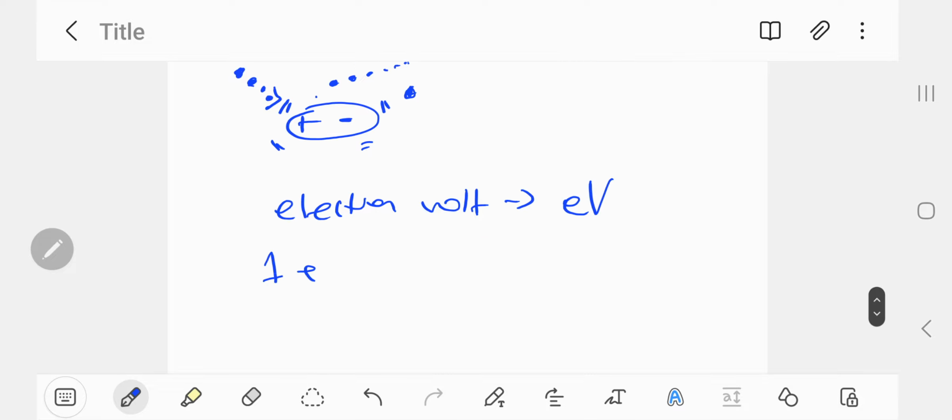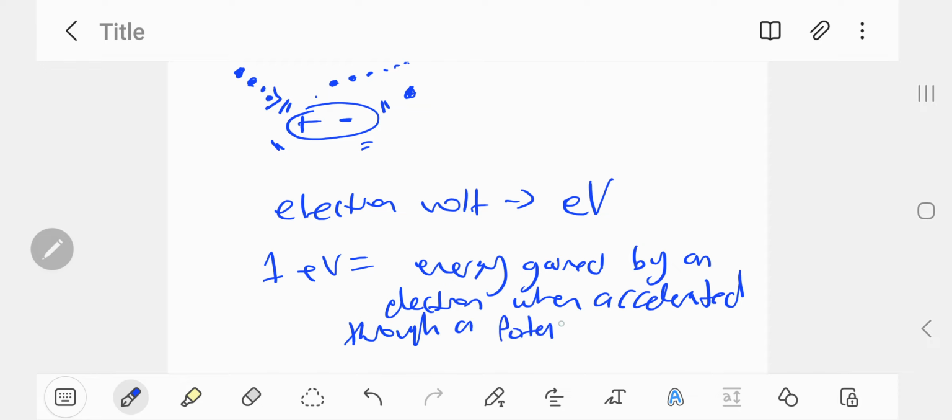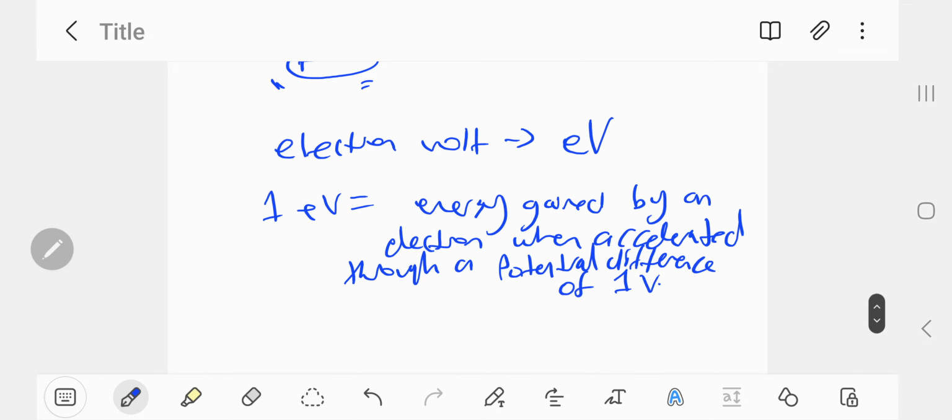So 1 electron volt is basically the energy gained by an electron when it's accelerated through a potential difference of 1 volt. Think of it like the poles of a battery, plus or minus, and you pass an electron through.